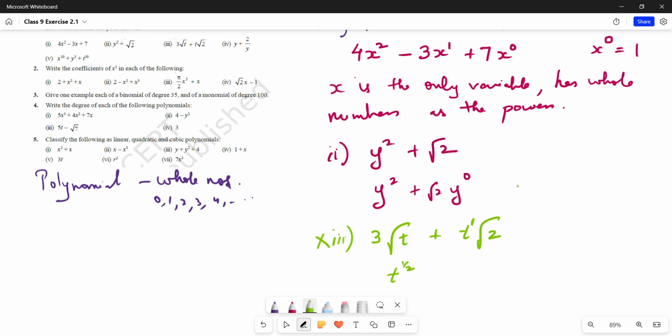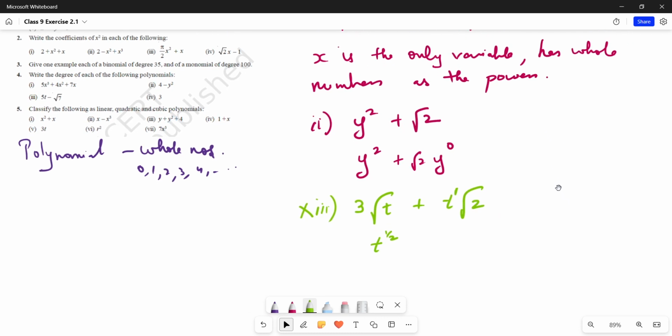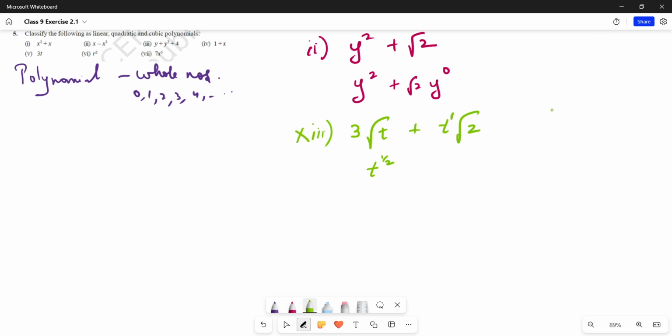And what about the fourth sum? Once again the same argument. The fourth problem given to you is y plus 2 by y. The one variable y is here raised to the power 1.